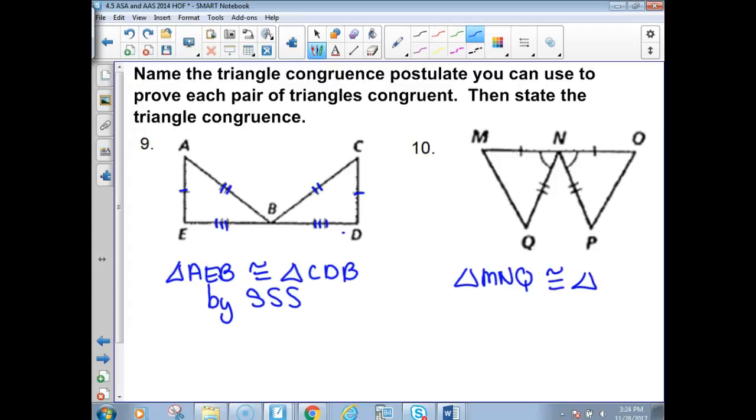Then that would be congruent to triangle, if you started with M and went to N and then to Q, on the other triangle you'd have to start with O and then go to N and then P. O, N, P. Now, these aren't the only ways to write this. But what is the reason that we can say they're congruent? And what I see by the markings is a side and an angle and a side. SAS. I hope you're seeing side and an angle and a side on both triangles. This was a side, side, side.